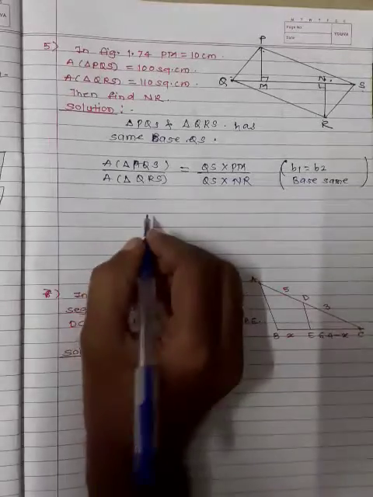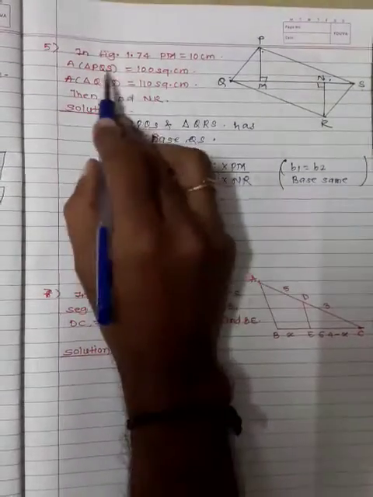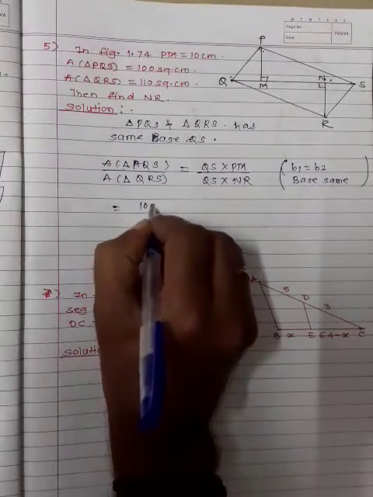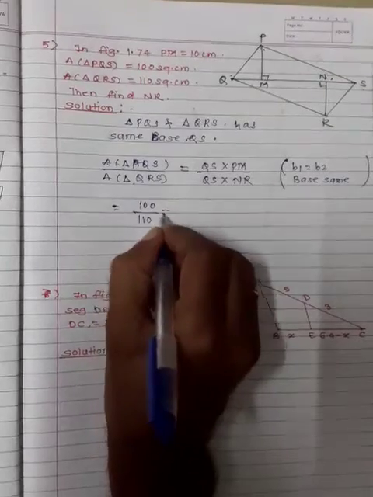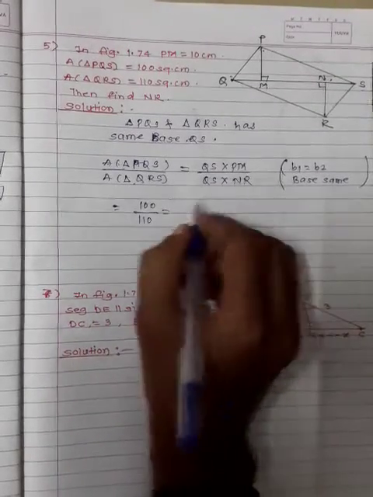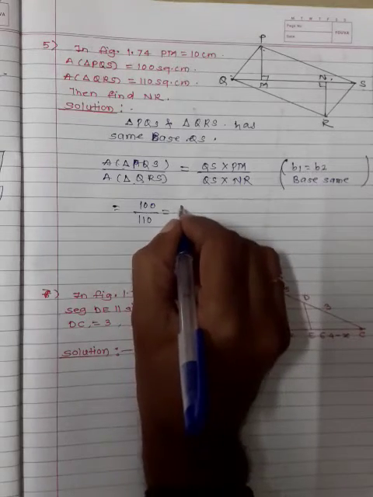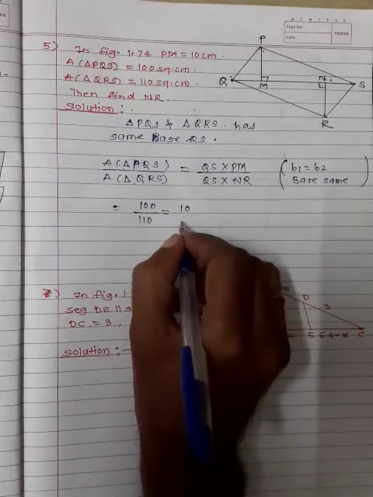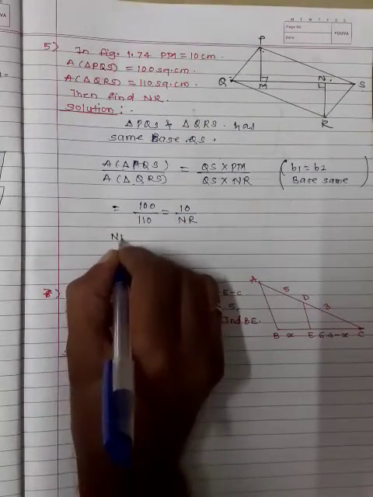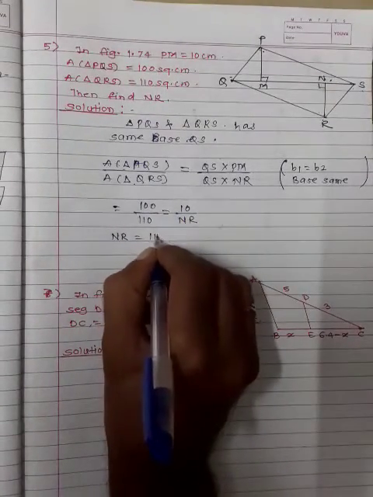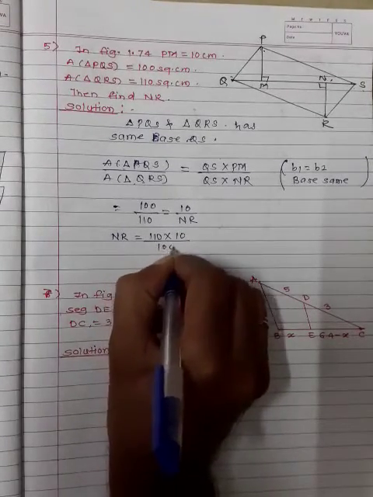Area of triangle PQS is 100 square centimeter, 100 upon area of QRS, which is 110, is equal to, base cancels, PM is 10, so 10 upon NR is equal to 110 multiplied by 10 upon 100.